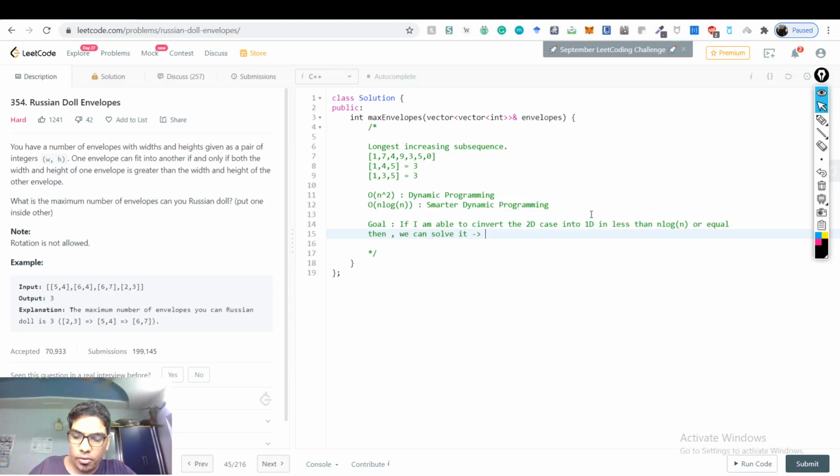So first we would convert, and then we would use the O of n log n algorithm. The conversion part is at most n log n. If we are able to convert in n log n, then the overall complexity would be 2n log n, or n log n, right? So this is one possibility.